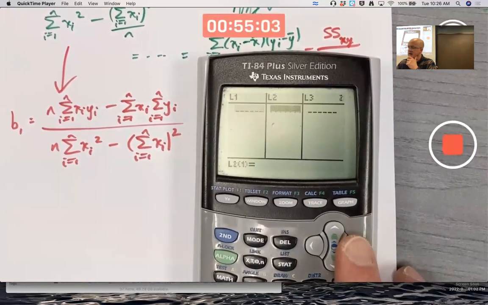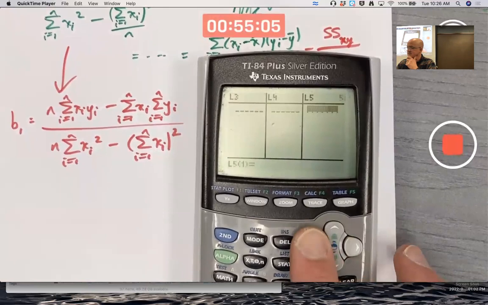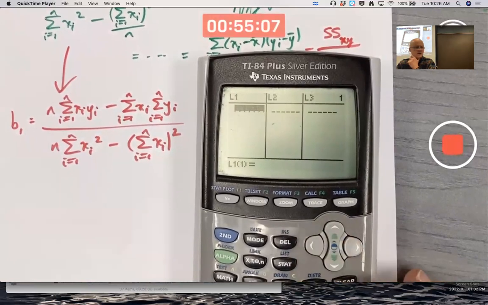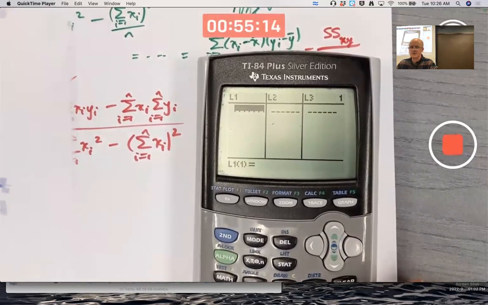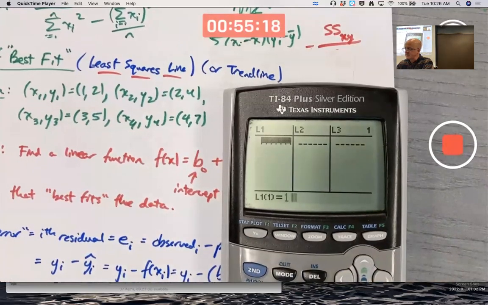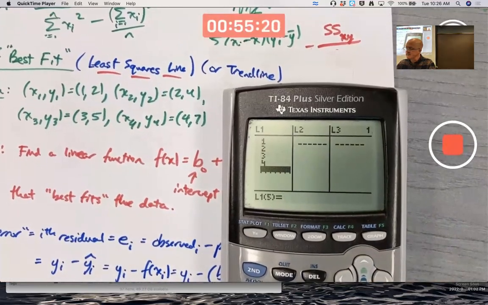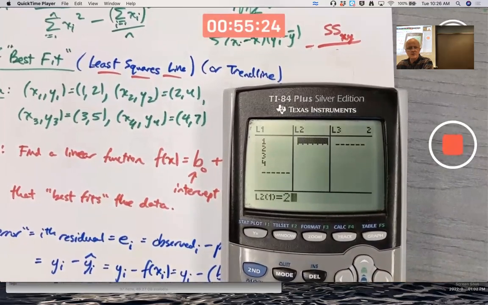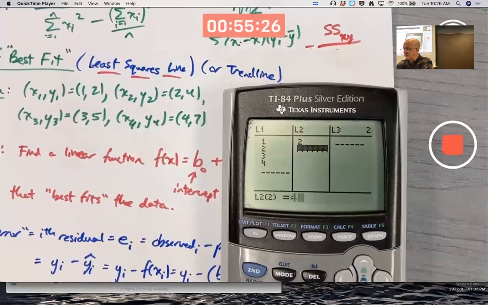Got a bunch of different columns for different lists. L1 can correspond to the X values, L2 can correspond to the Y values. The natural thing to do, go back to our data set here. Plug in the X values, 1, 2, 3, 4. L2 is going to be the corresponding Y values, 2, 4, 5, 7.